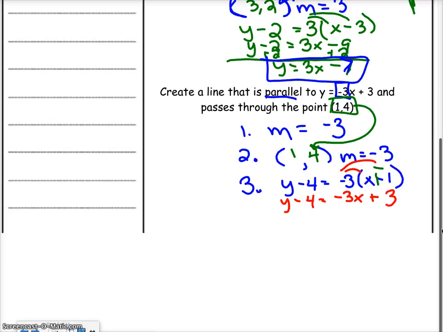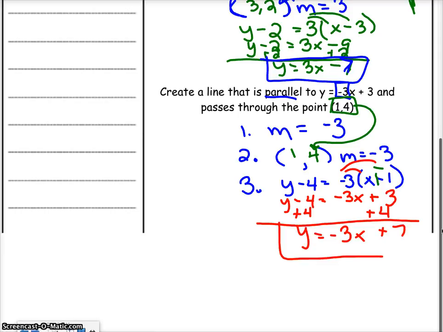Negative 3 times negative 1 is positive 3. Move my 4. y equals negative 3x plus 7. That's the equation of my line. Can it be subtraction too, like y equals negative 3x subtract 7? Nope, definitely it can't. It's positive.